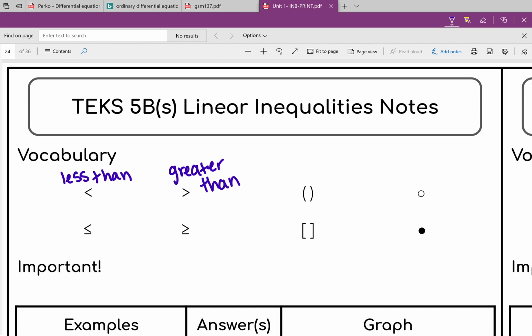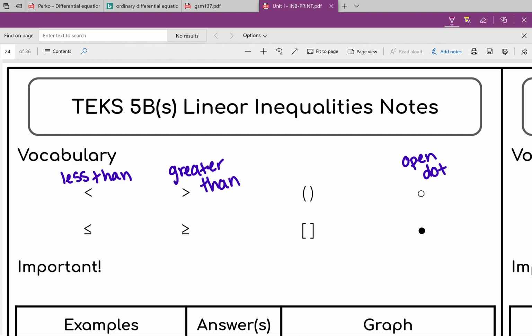We use the parentheses when we are using either the less than or greater than symbol. And then lastly, this is an open dot. And again, we use it when we are talking about less than or greater than. So all of these symbols mean that we do not include the number since there is not an equal sign.